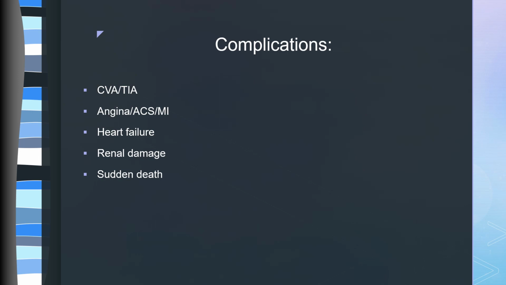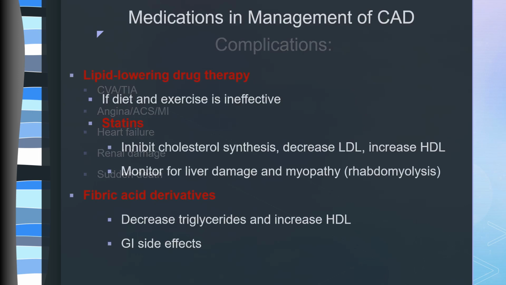Okay. So medication management of coronary artery disease. If diet and exercise is ineffective at controlling the progression of coronary artery disease, aka reducing their cholesterol levels, then physicians will place that patient on lipid-lowering drugs.